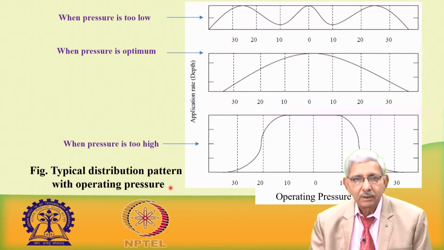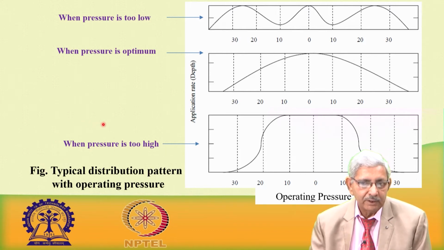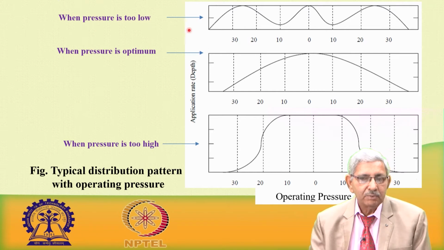Now, here what we are seeing is how the distribution pattern changes when there are different operating pressures. When the pressure applied is low, you see here that the sprinkler is at this particular point and the water is distributed.